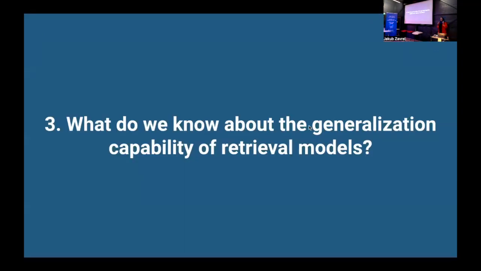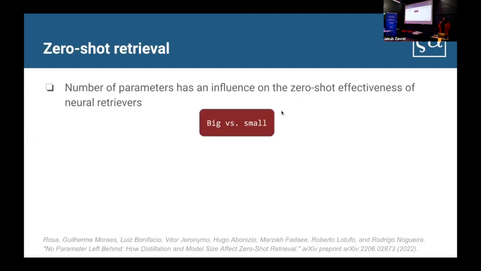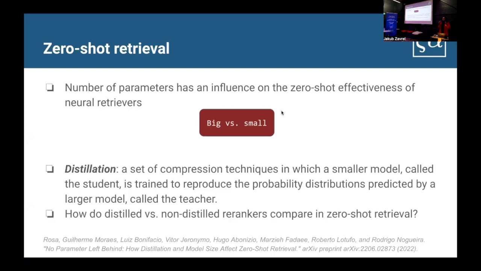Right, now to the third research question. So what we were wondering here was, OK, we have these dense retrievers, we have the re-rankers, they are really nice, but how good are they at generalization? And another question that we were also wondering was, there are really large models, there are really small models that are distilled, which are basically learned to mimic the probability distribution of a larger model.